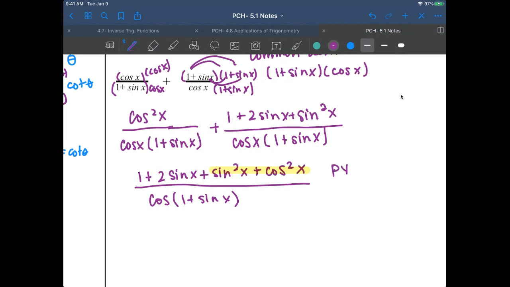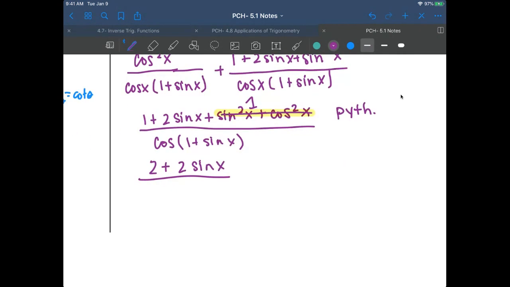Remember, we can use the Pythagorean identities here, and sine squared x plus cosine squared x is equal to 1. So I get 2 plus 2 sine of x over, so I'm going to cross that out and put 1, cosine x times 1 plus the sine of x. I'm almost there.